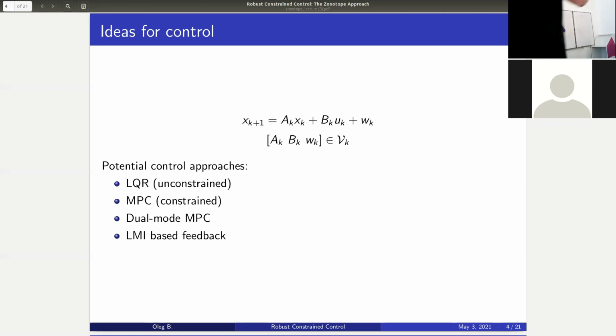After this little overview, we can understand that we need some design of feedback gains that is stable for all our systems, and in all situations satisfies our constraints.